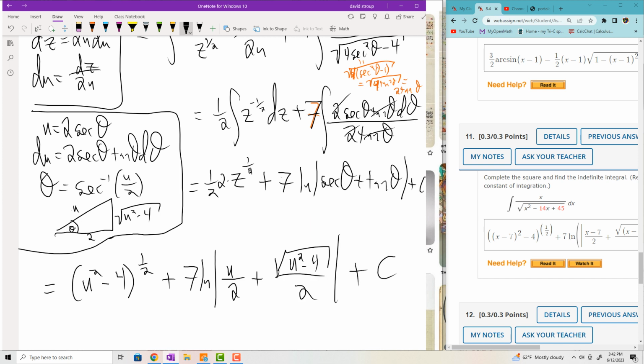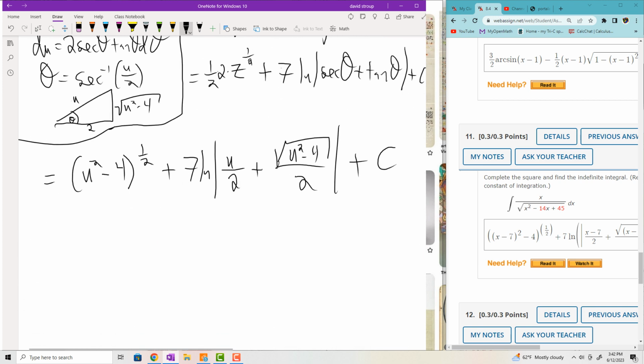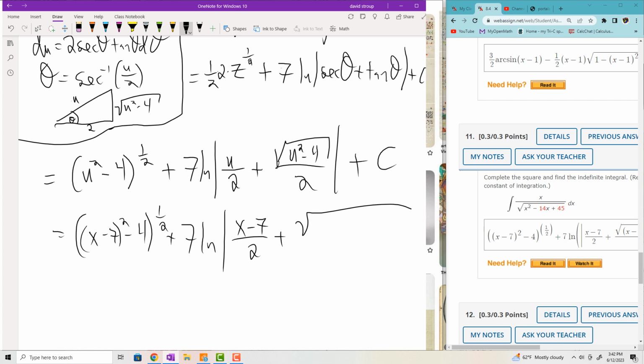And now we want to back sub the u expression, which was originally x minus 7. Okay, so we end up with (x minus 7) squared minus 4, to the 1/2, plus 7 ln absolute value of x minus 7 over 2 plus the square root of (x minus 7) squared minus 4, all over 2, absolute value, plus your integration constant.